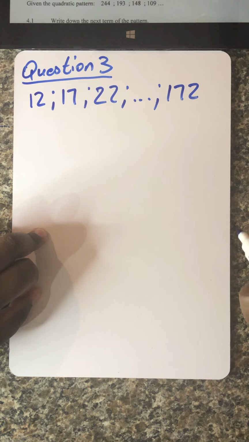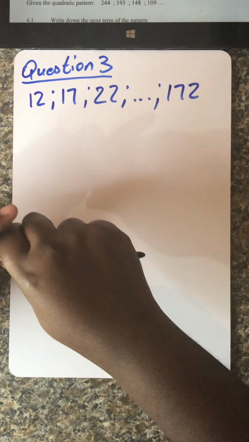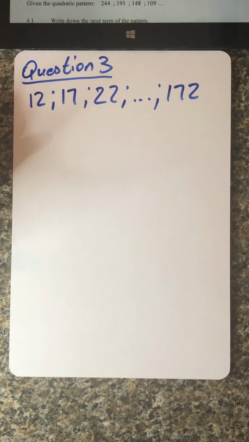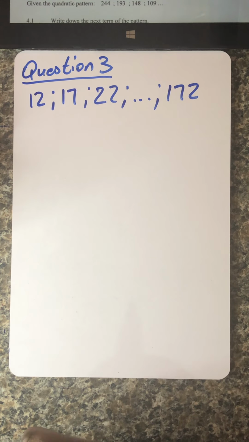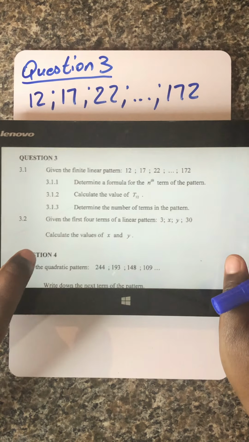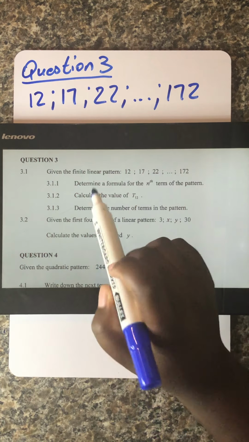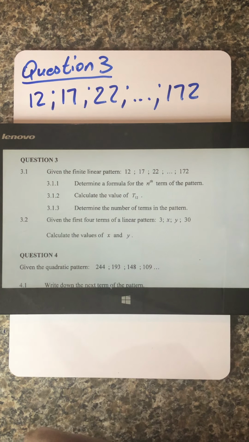Most importantly, before I even start with the questions, this is what I normally do, and what I used to do when I was in grade 10. The first thing, before I even start with the questions, I try to find out the type of the given pattern. Even though for this question, they've mentioned that we're given the finite linear pattern.